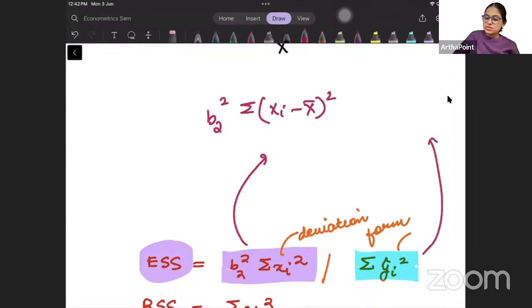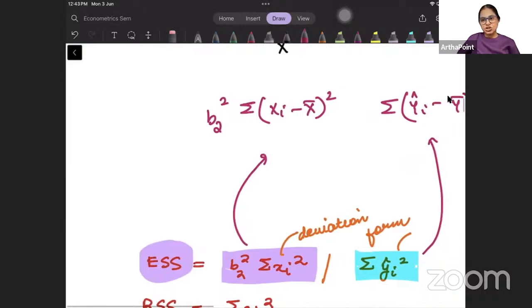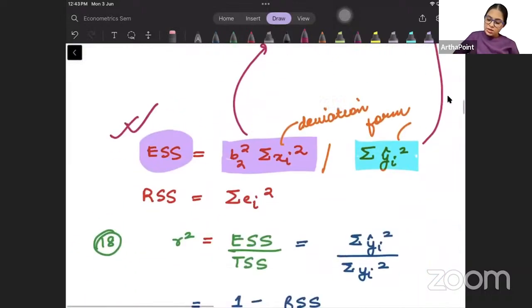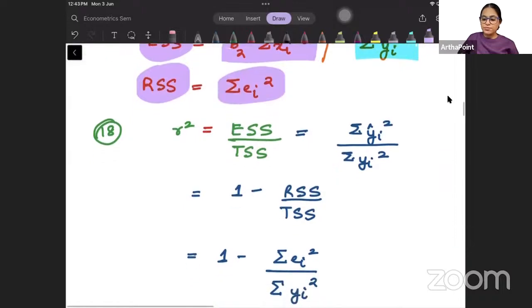And this is nothing but summation yi hat minus y bar whole square. The next thing that we have is the residual sum of square. Residual sum of square is summation ei square.